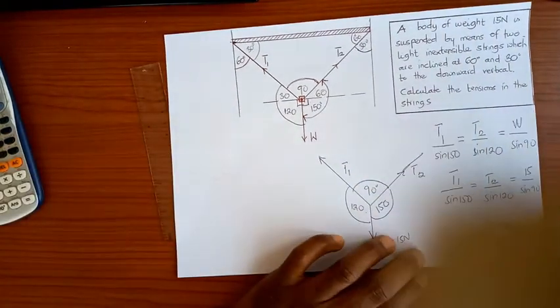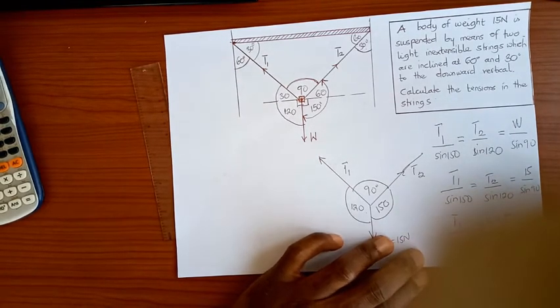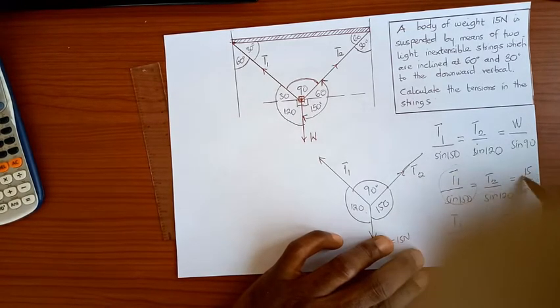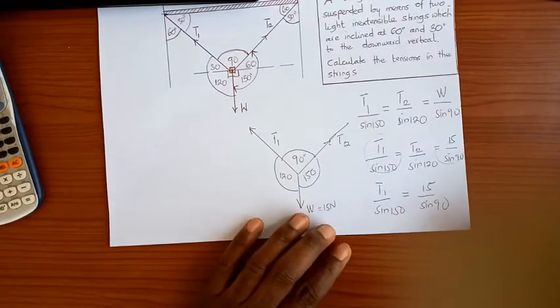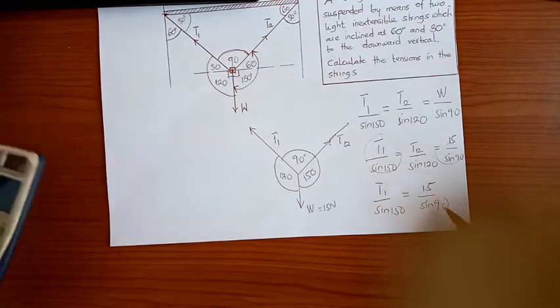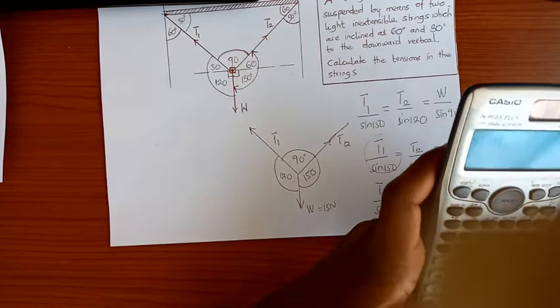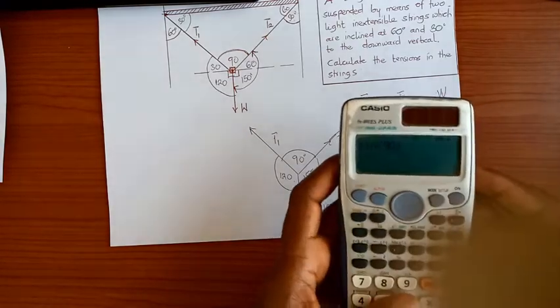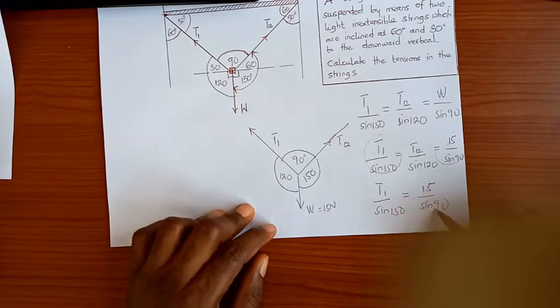Anyways, so let's find it this way. T1 over sine 150 equals 15 over sine 90. So we are pairing the first one and the last one. So what is sine 90? Sine 90 is supposed to give us 1. So everything we have here is 1. So this is 15 on 1.